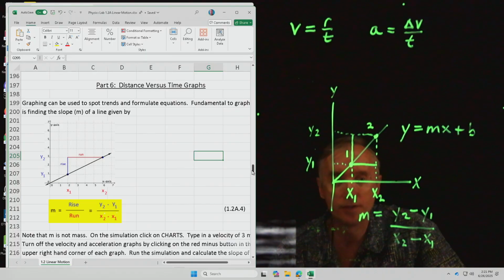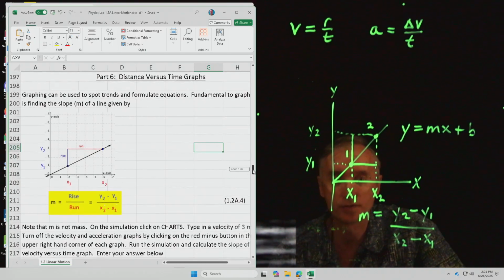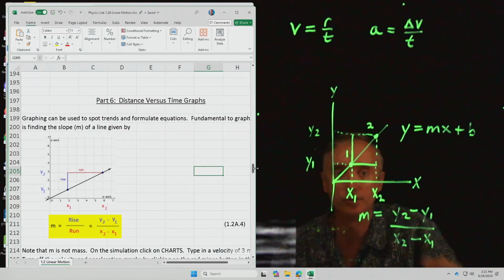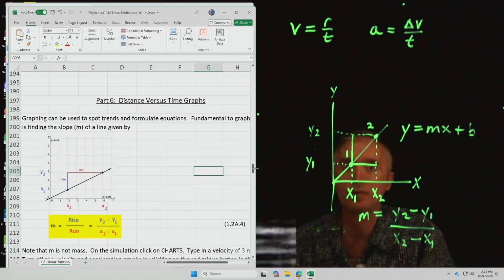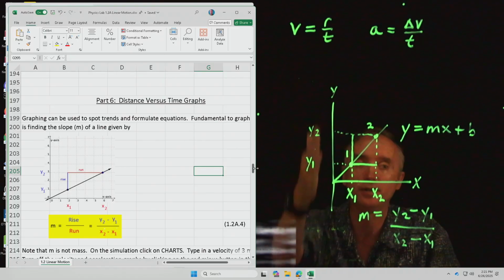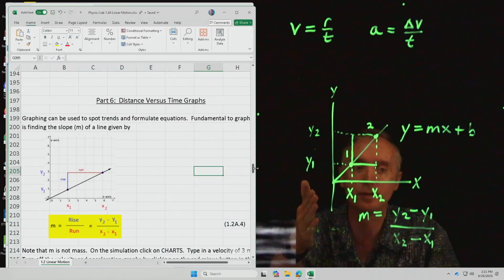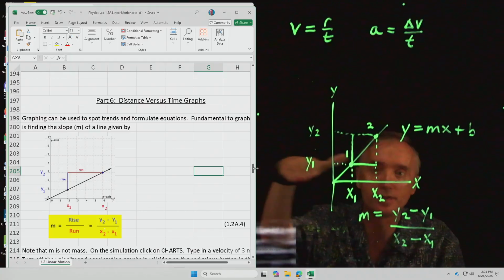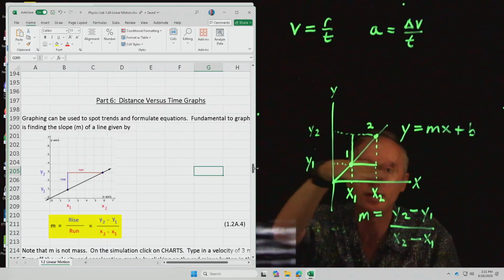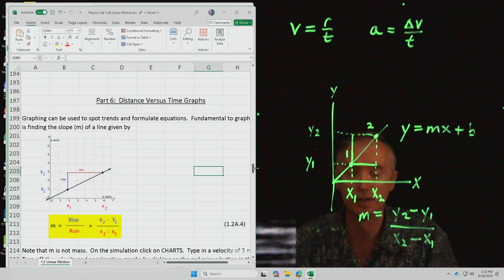Alright, so now we're ready to actually do something with this. So our first thing that we're going to do is distance versus time. Going up and down is going to be called the dependent variable. And then going sideways is going to be called the independent variable.